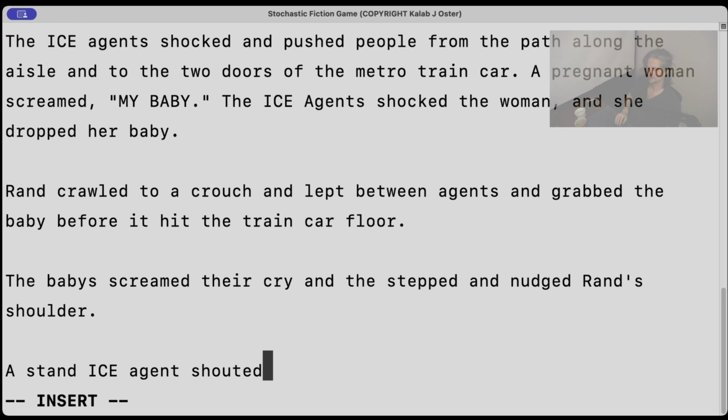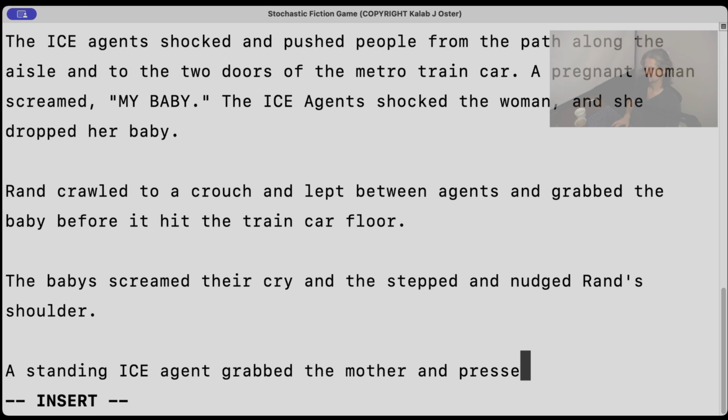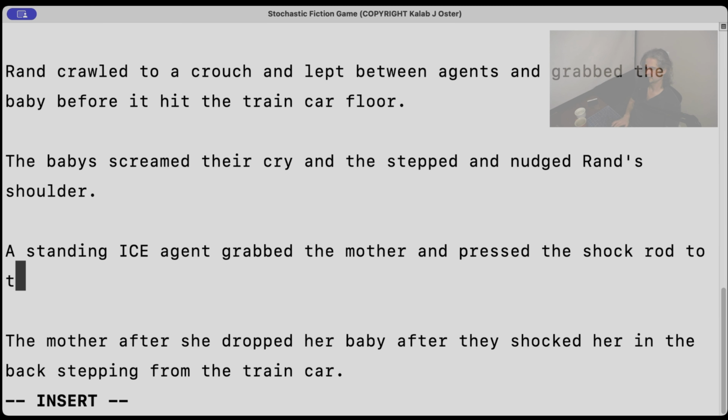Standing ICE agent shouted, grabbed the mother and pressed the shock rod to their neck.